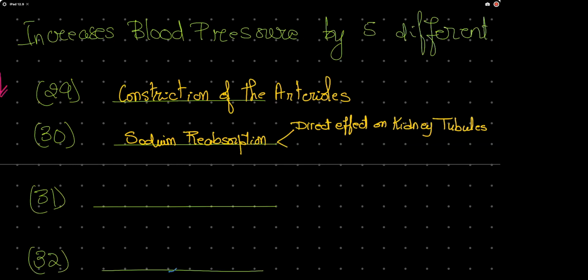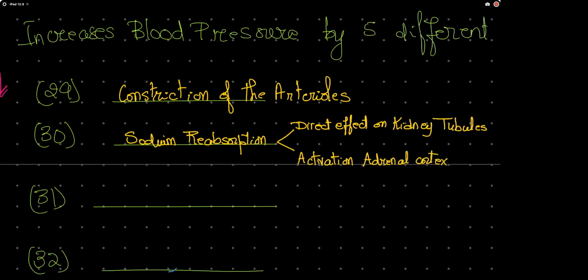The second way by which angiotensin II increases my sodium reabsorption is by activating a gland. What gland am I activating, Eleni? Exactly. This is my adrenal cortex.